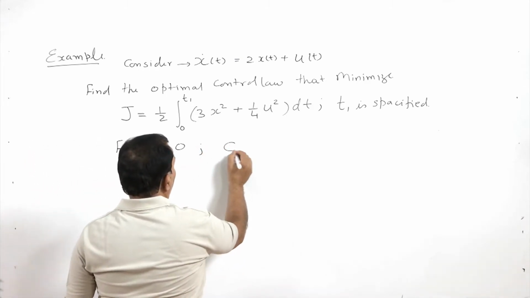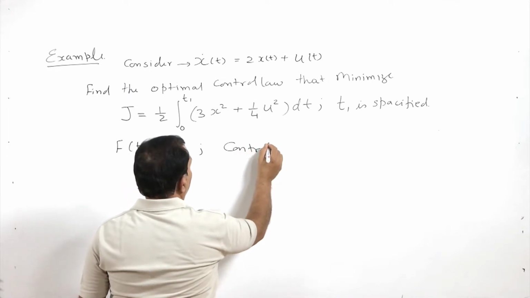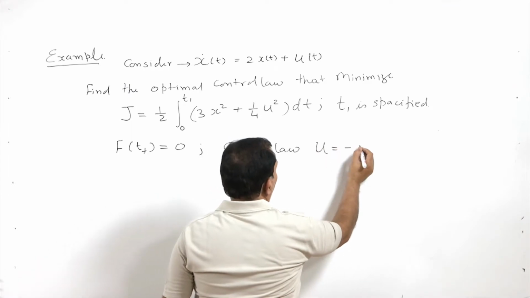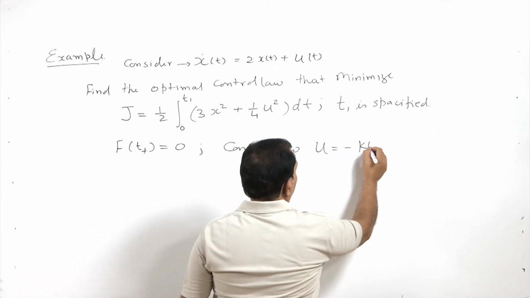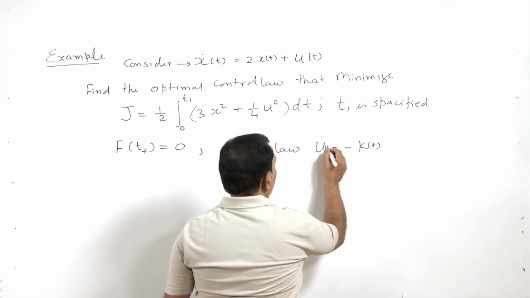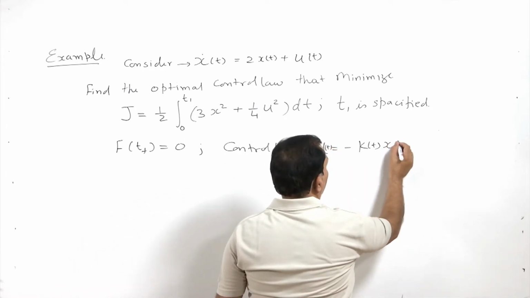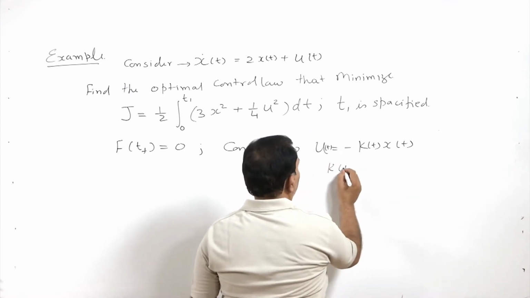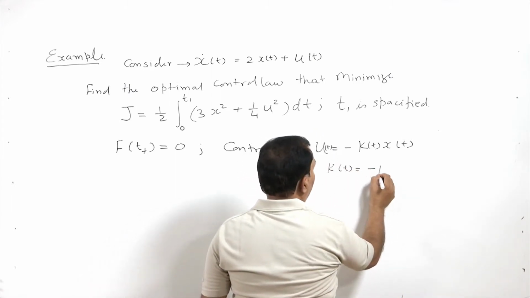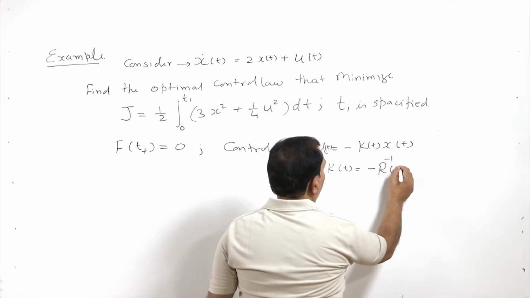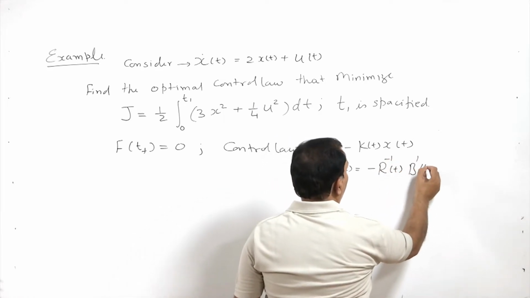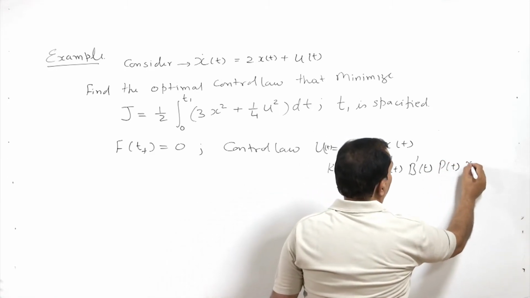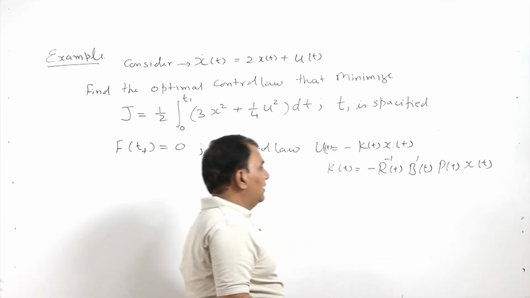My control law is u(t) equal to minus K(t) x(t), and K(t) is R inverse B transpose P(t).